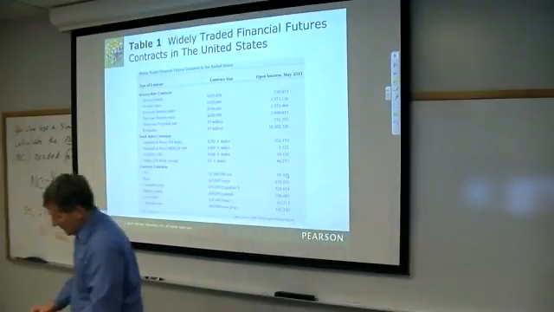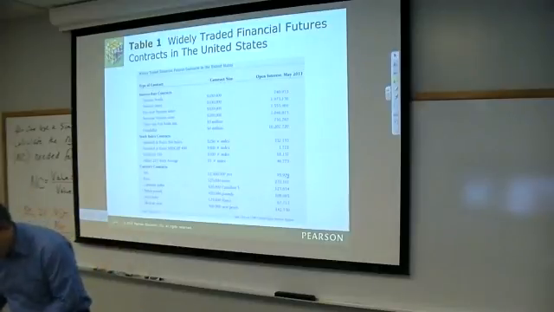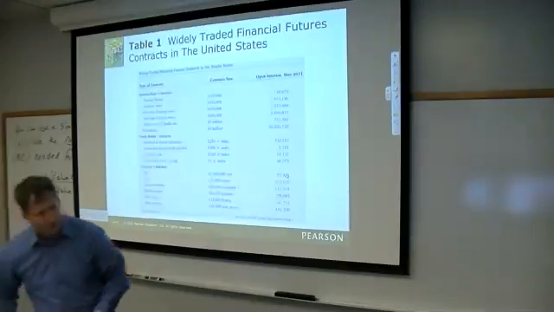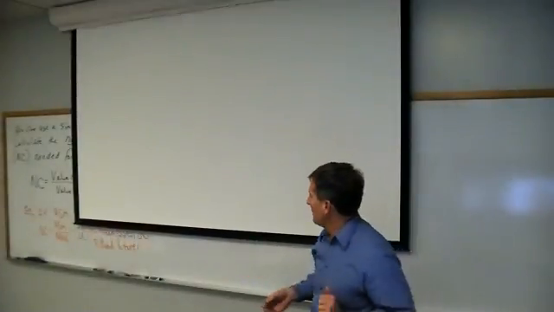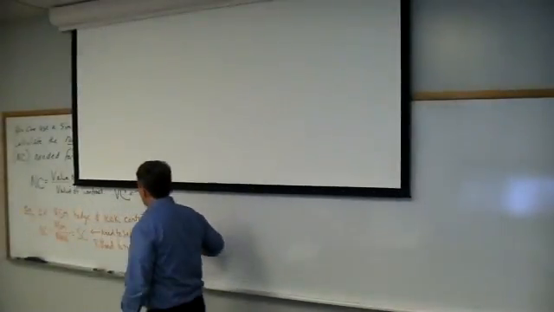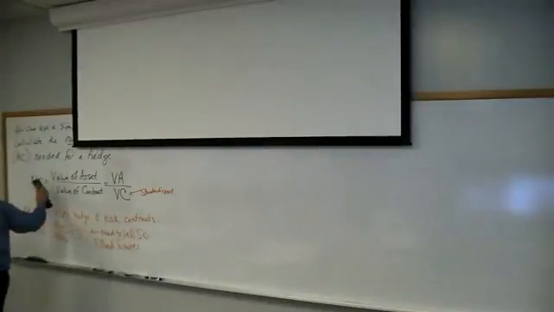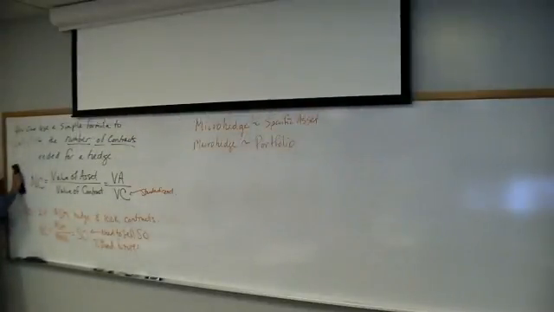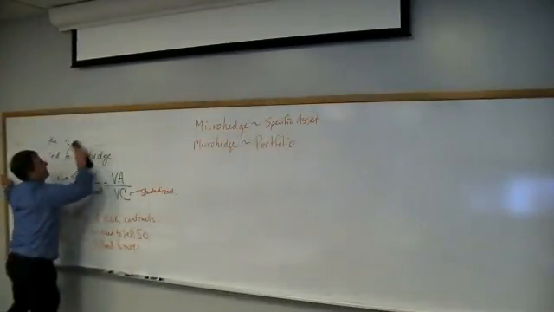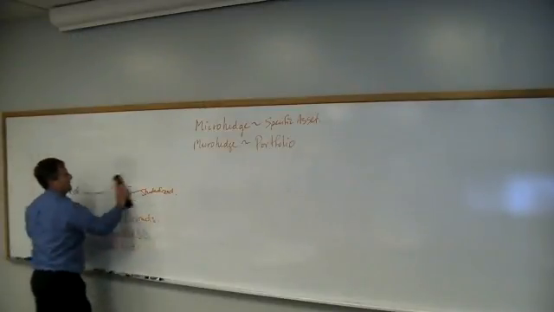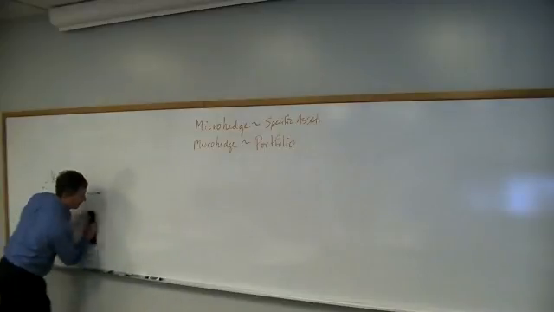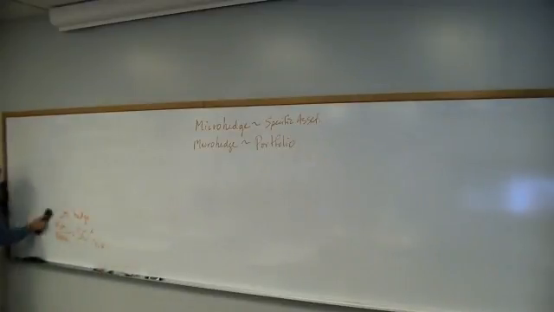Okay, so we get to talk about options next. Futures and forwards are actual promises to deliver. An option is similar in that we're dealing with the value in the future.